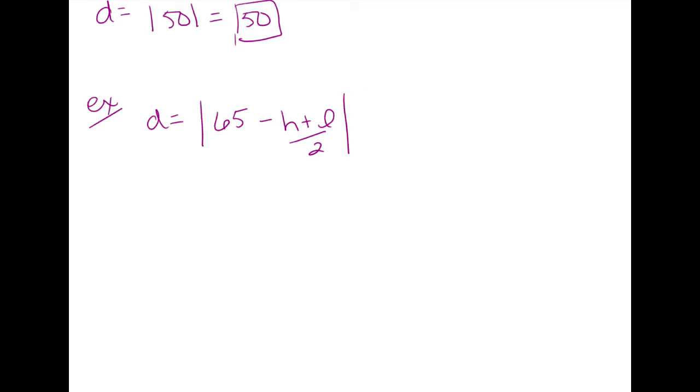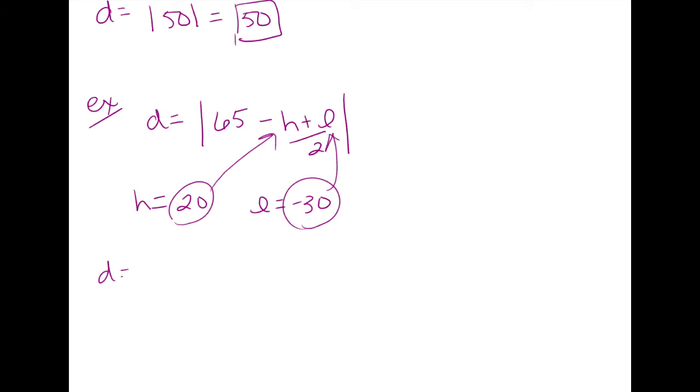And in this second case, I'm going to let h equal 20 and L equal -30. Okay, so for my first step, I'm going to make my replacements. D equals 65 minus 20 plus -30 all over 2.